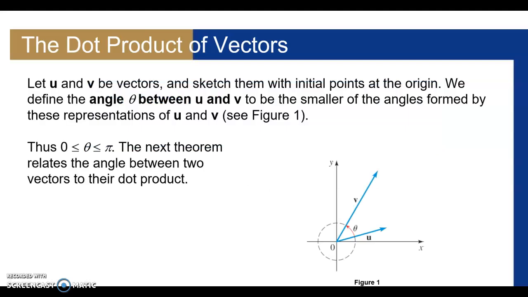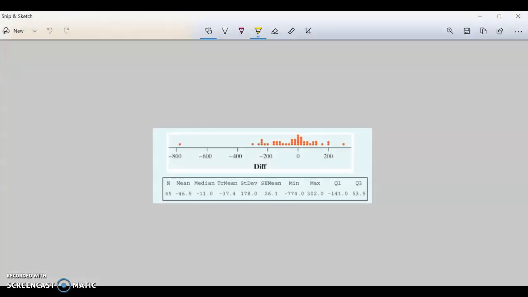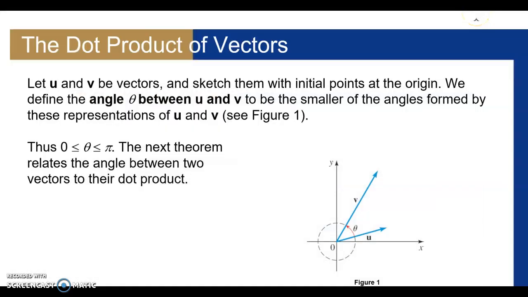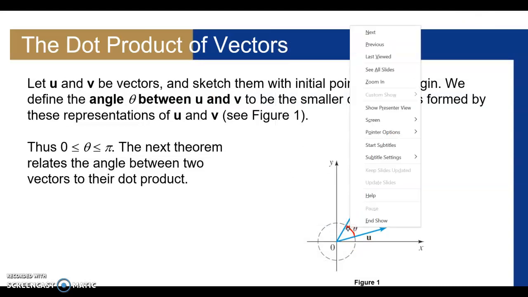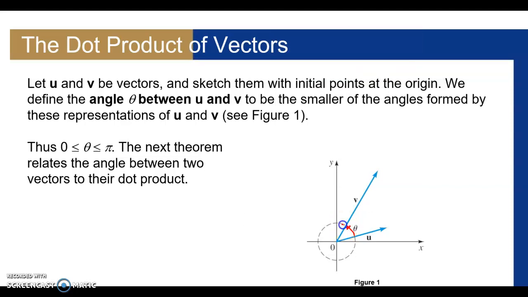All right, so what we're going to look at next, the dot product helps us find the angle between two vectors. So we're going to say the angle theta between, in this example, vectors u and v. Theta is always going to be the smaller of the two angles formed by the representation of u and v. So we have two angles right here. If we look at u and v, we have this first angle on the inside, but we also have this angle on the outside.